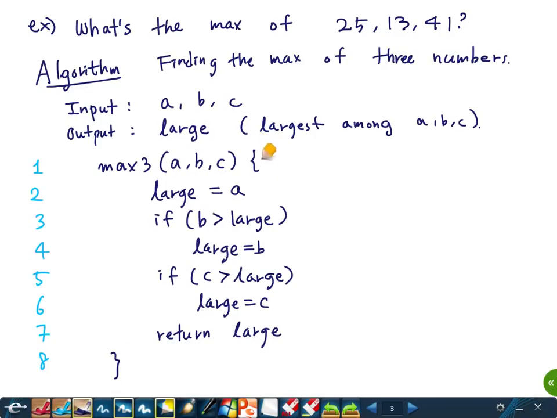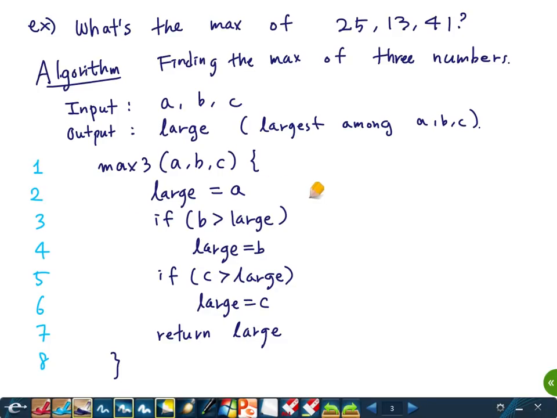This means the things enclosed by this curly brace will be the body of the algorithm. So this means the algorithm starts here and ends here. This is the body of the algorithm. So when it receives something, then it will do what's written in this body. Okay? Right.